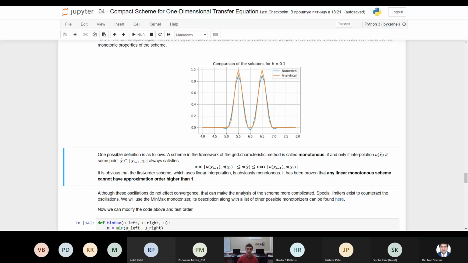So basically, we have a certain problem that we want to raise the order of approximation and the order of convergence in order to decrease the overall computational error. But when we do that, when we utilize higher order schemes, we encounter the problem of non-monotonous solutions and non-physical oscillations, which are difficult to interpret.